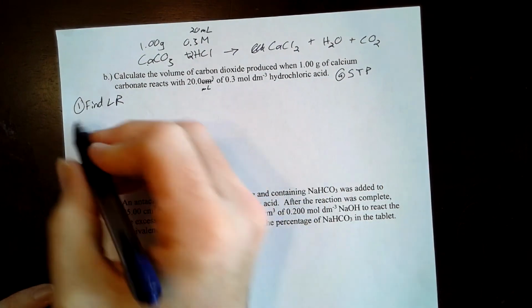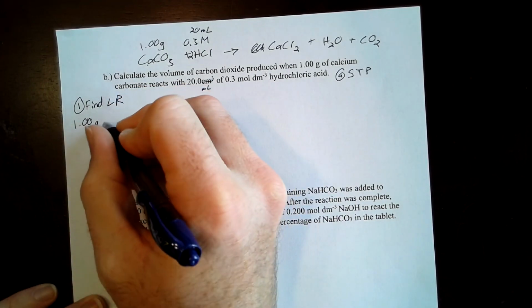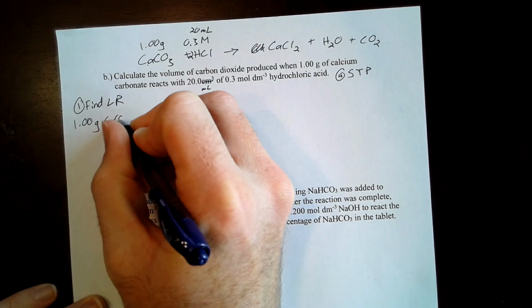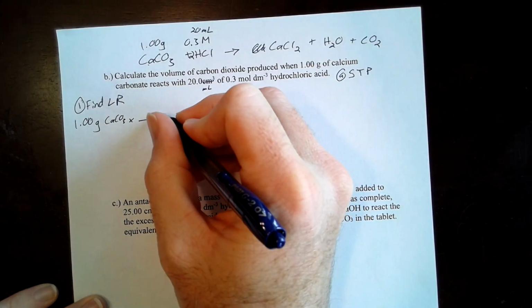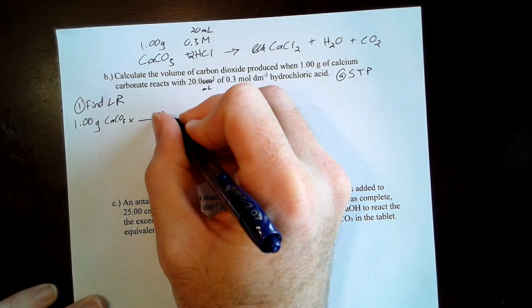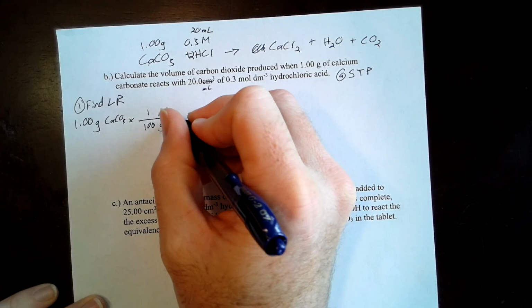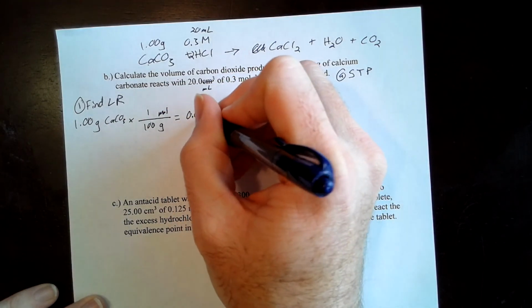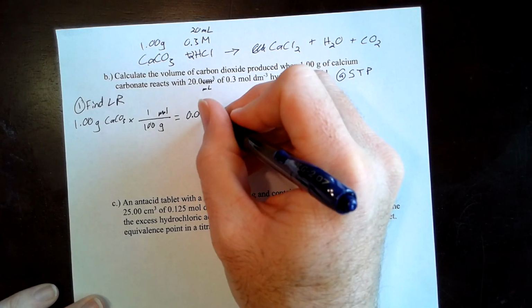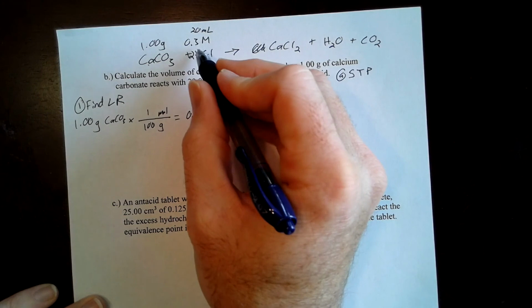Let's follow that same procedure as before. 1 gram of calcium carbonate. Let's find how many moles that is. Grams to moles. Calcium carbonate's molar mass is 100. That's why we like to use it. So use some mental math. That's 0.01 moles.